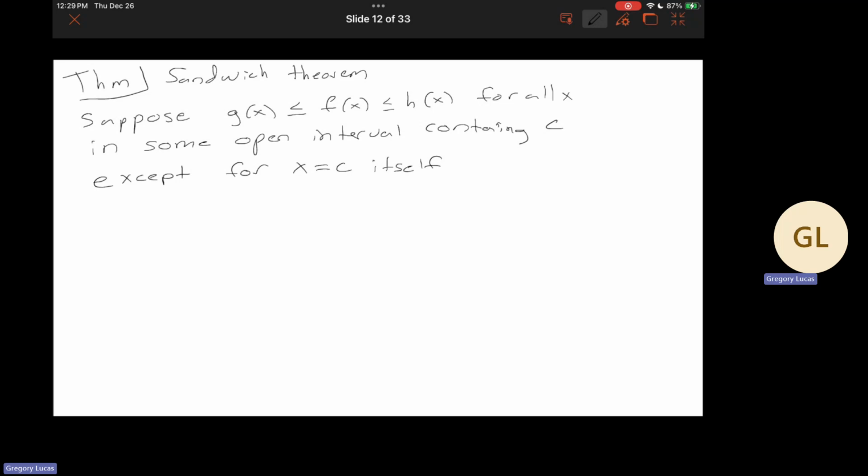It could equal at x equals c, that's okay, but we just exclude it to be safe.